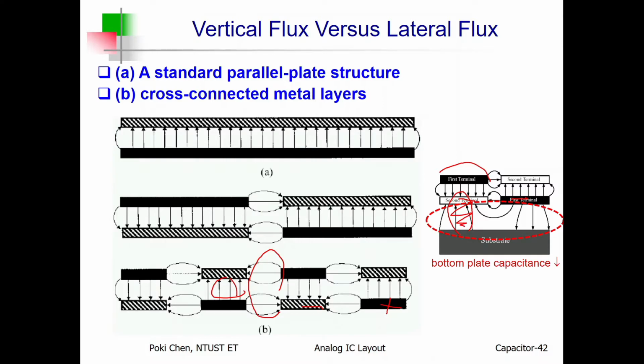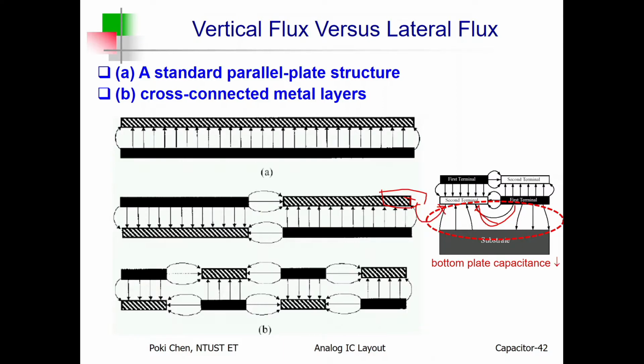And how about the boundary flux? Actually, you can see from its neighbors, from the positive neighbor to the negative neighbor. Okay, from the positive neighbor to the negative neighbor, from here to there and other positive wire.